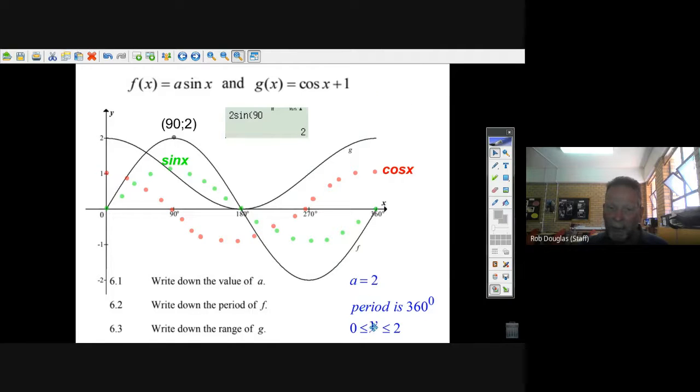I should say that y is less than or equal to 2, but greater than or equal to 0. That's the range of g. There's g. It goes between 2 down to 0. That's its range, and it keeps going back and forth if we kept on going, but that's its range. Okay, one more video to finish off this question.